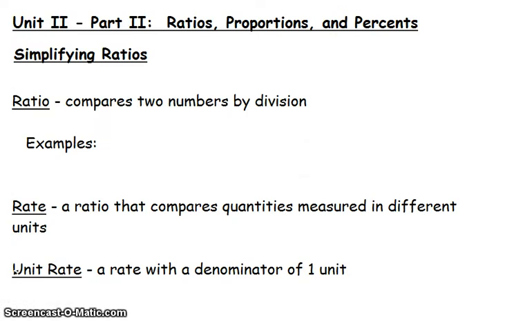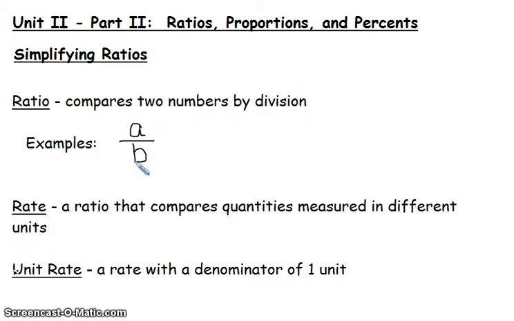First definition that you see there is ratio. Ratio compares two numbers by division. Now there are a few ways that you will see this written. Probably the most used is the fraction a over b. So you can compare a to b. That's an example of a ratio, and the easiest one for most people to simplify because it is simply a fraction.